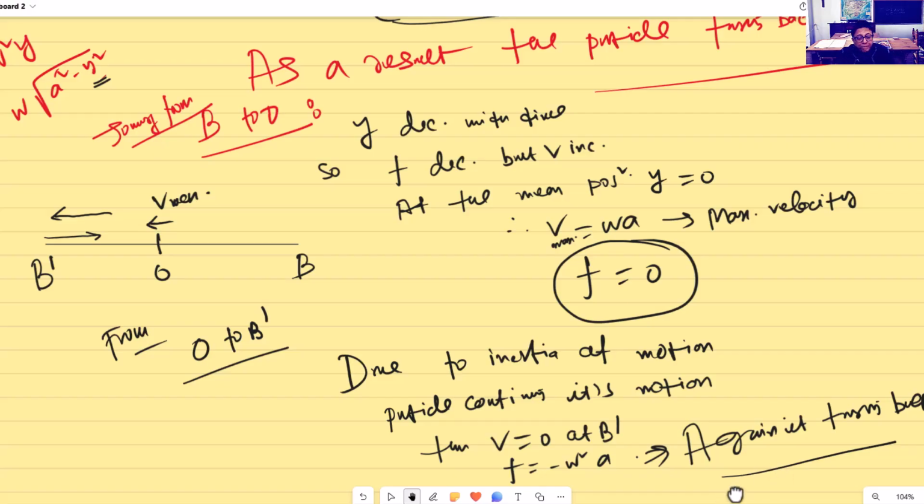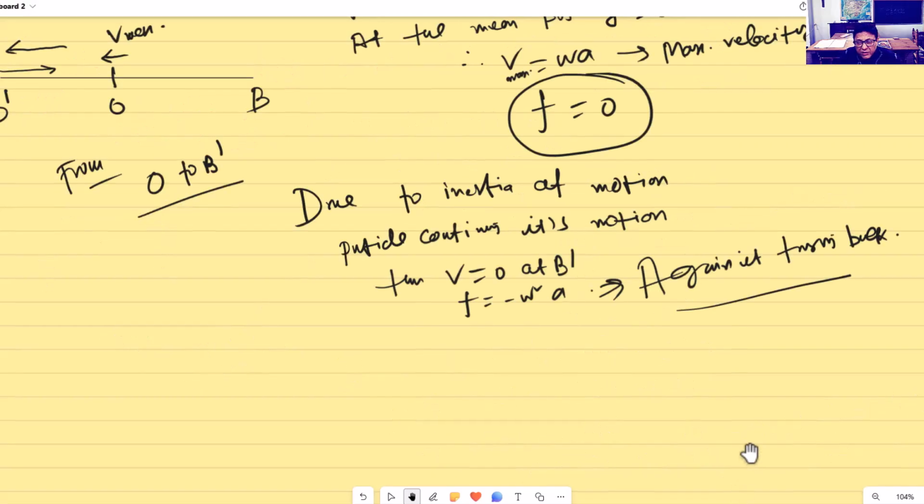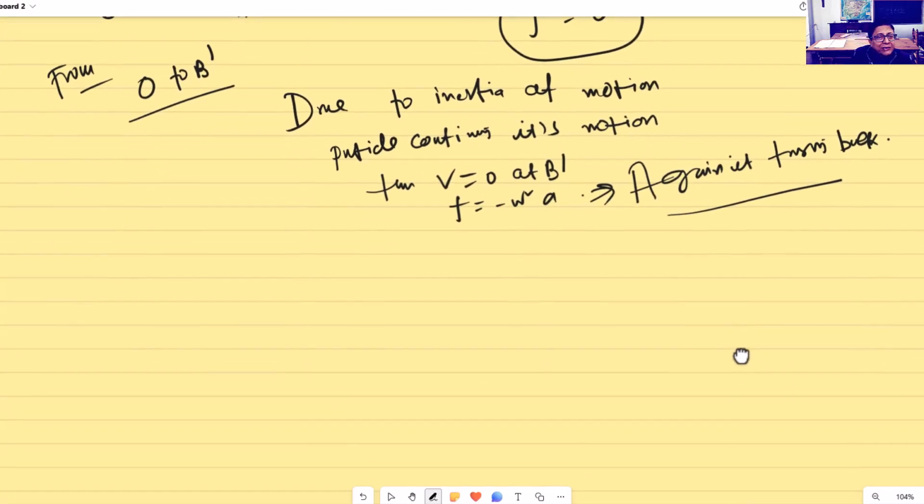Now we'll see some phenomena in nature which can be explained, and the time period of the resulting simple harmonic motion can be studied nicely. So the first example we take is the vertical motion of a spring.